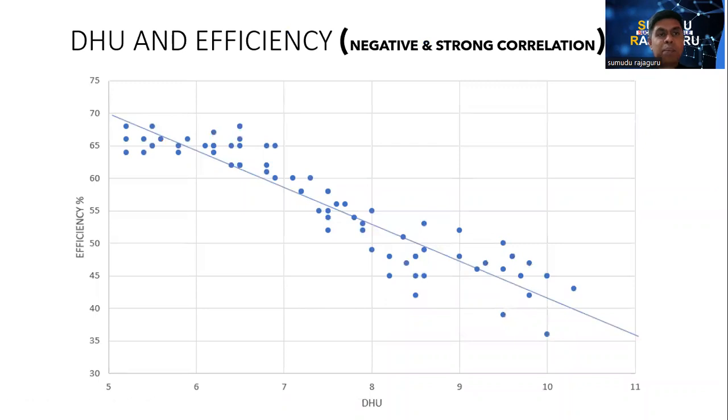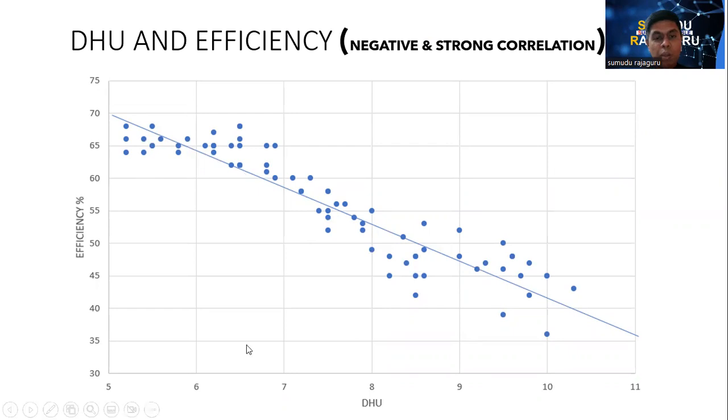This is an example of a scatter plot drawn by considering the efficiency and DHU. DHU means damage percentage. You can see this plot is based on real data from an organization. According to this shape, you can understand that it is a negative correlation.